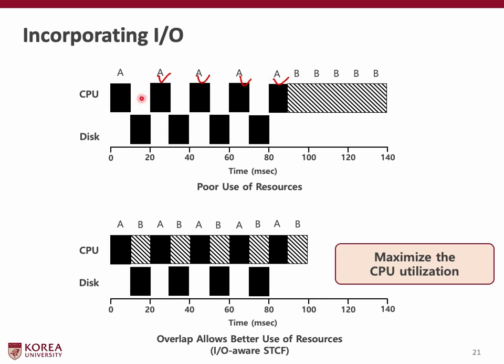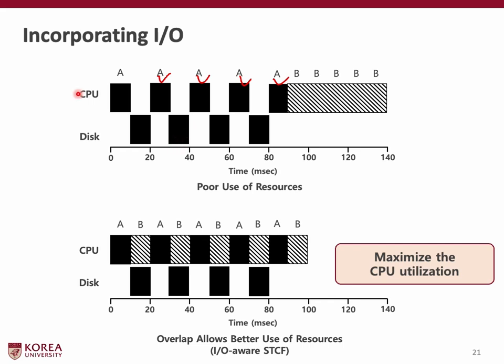So the CPU waits until A becomes ready again. And job B doesn't get scheduled until A finishes all of its execution according to STCF. So in this scenario, as you can see, we have a lot of idle CPU time like this, which is very inefficient.